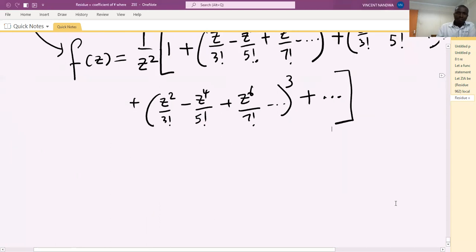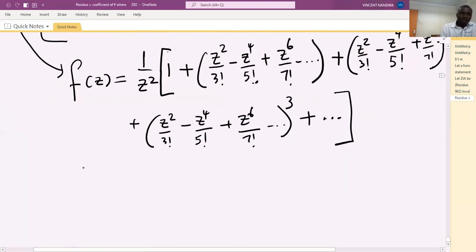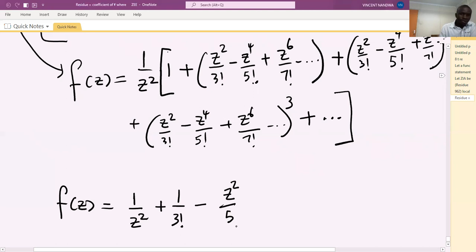Now, when you multiply by 1 over z squared, f of z will be 1 over z squared plus 1 over 3 factorial, and then minus z squared over 5 factorial plus z power 4 over 7 factorial minus other several terms, and then 1 over z squared times these other terms.